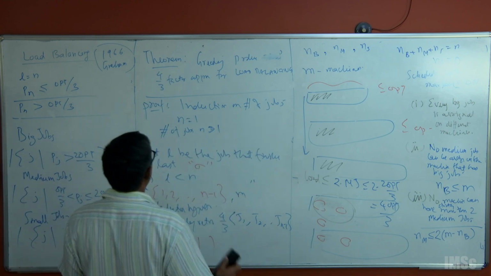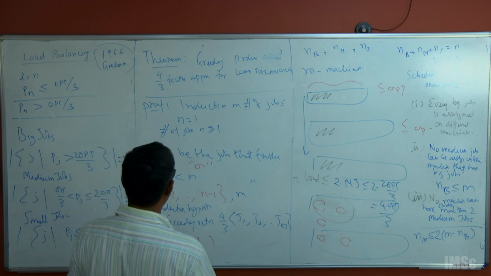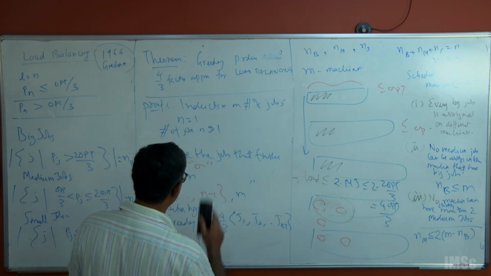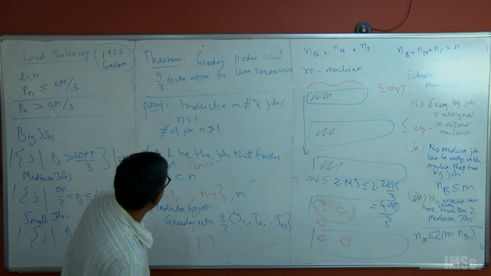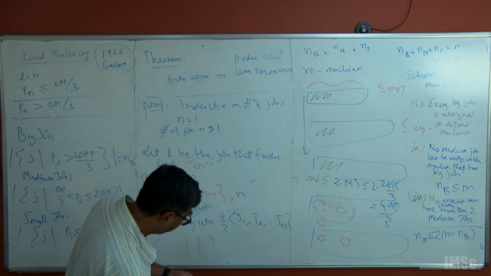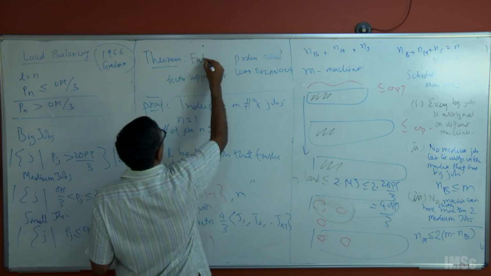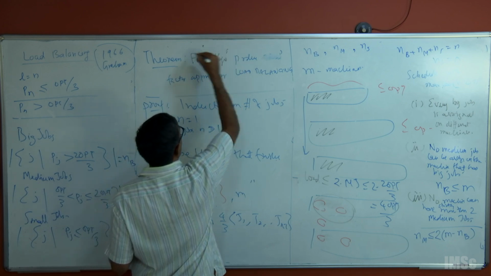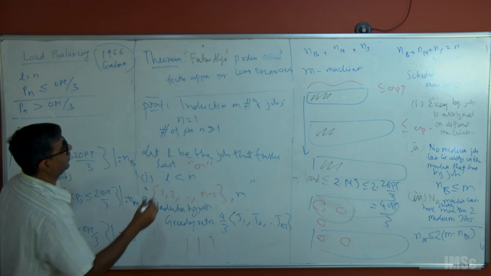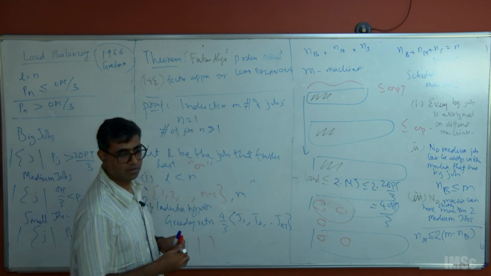So this is the factor: greedy produces a 4/3 factor, by induction on jobs. Now suppose I was trying to prove not greedy but a future algorithm, which we will make in a moment, that produces a 1 plus epsilon factor approximation for load balancing.